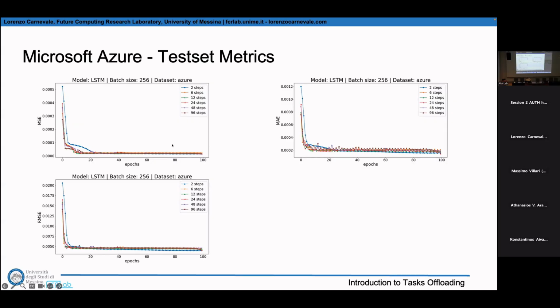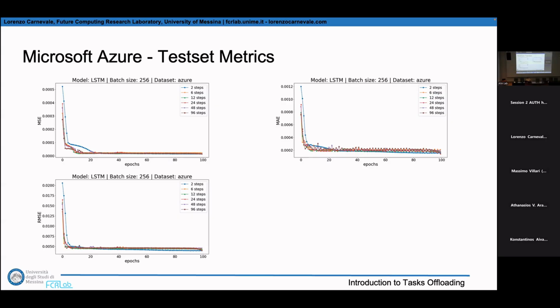We have different input windows. For a time series application, we need to fix the input window in terms of steps, and we predict one single step in the future. Why one single step? Because predicting multiple steps can introduce errors to the second, the third, the fourth future steps, if the first one has already errors.